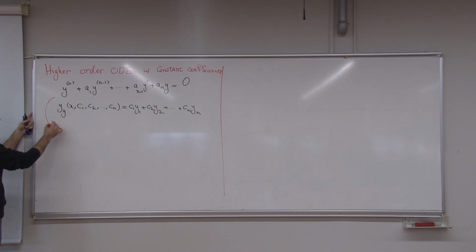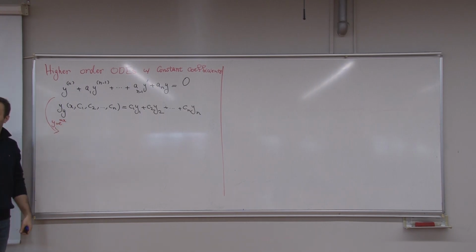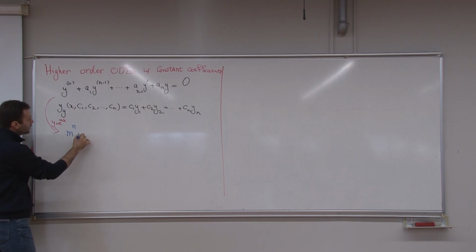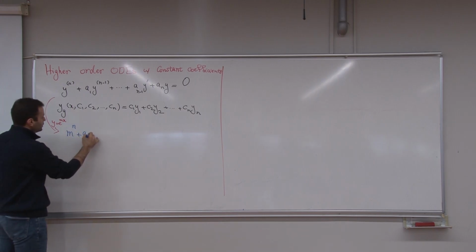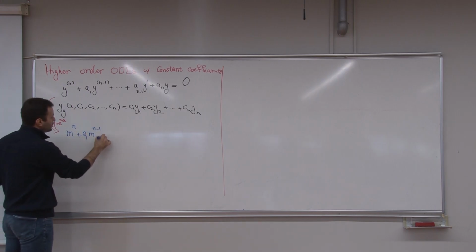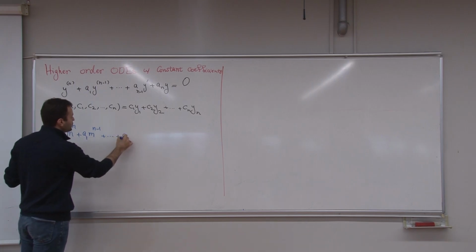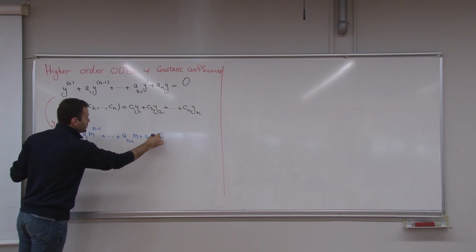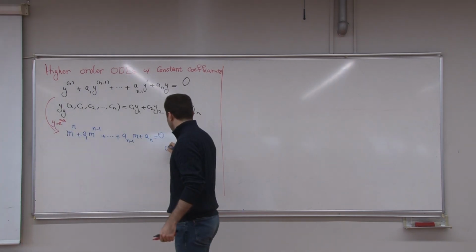Again, as our test case, we take this function e to the power of mx, plug it in the equation, and what we are going to get is an equation like this, plus a1 m to the power of n minus 1, up to m plus an equal to 0. Characteristic equation.